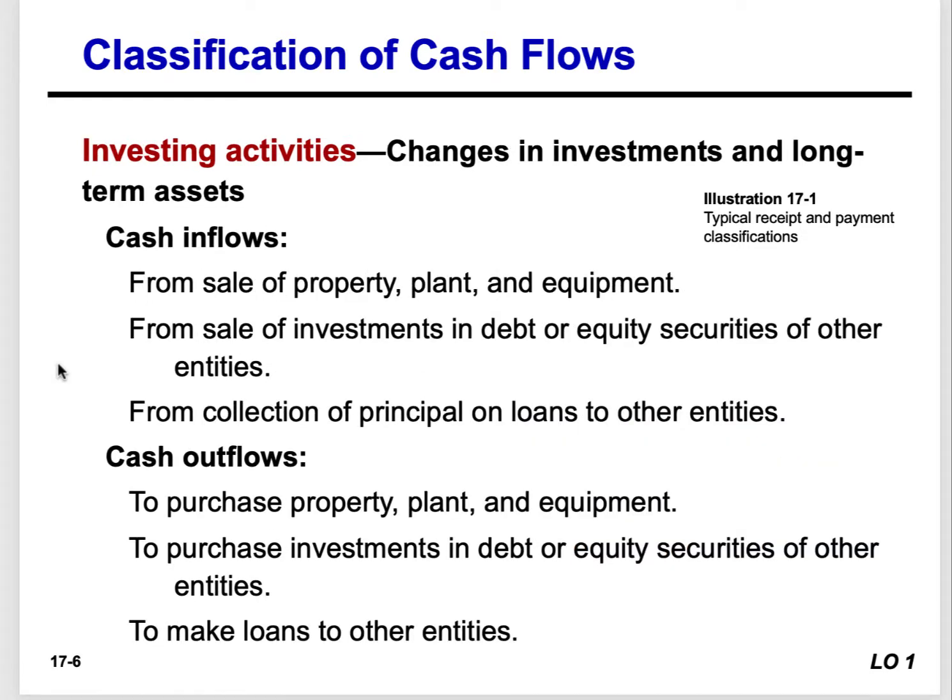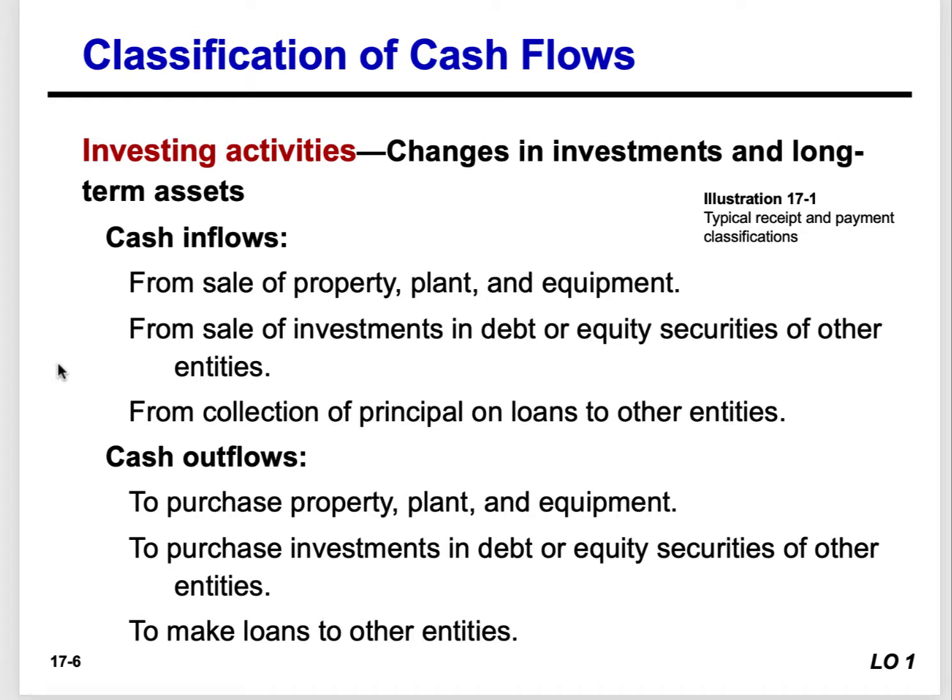Now, when we're looking at investing activities, we need to be able to identify what are the cash inflows and what are the cash outflows that are specifically related just to investing activities, okay? So remember, we classify investing activities as changes in investments as well as long-term assets, okay?